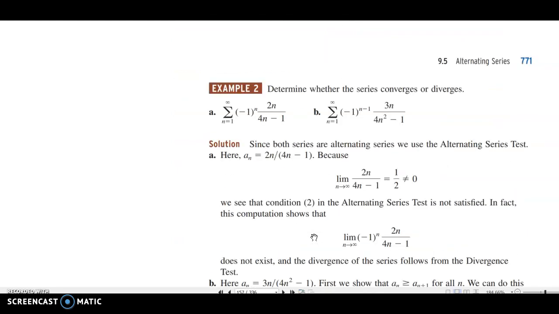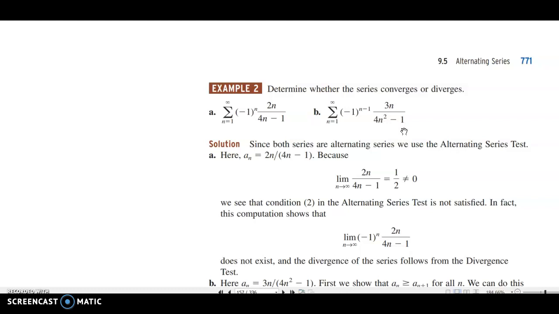Next, determine whether the series converges or diverges. First question: sigma n equal to 1 to infinity, minus 1 raised to n, times 2n divided by 4n minus 1. The second is minus 1 raised to n minus 1, 3n divided by 4n squared minus 1.